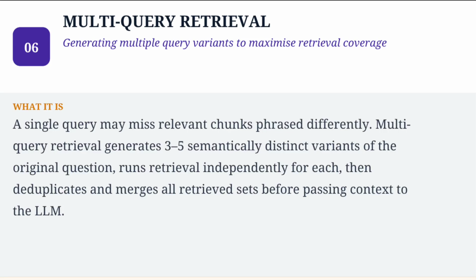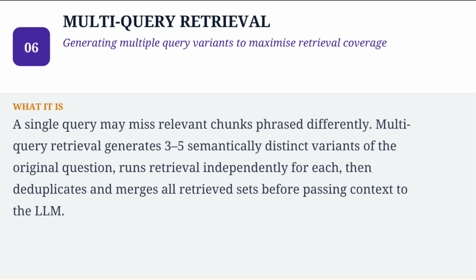The sixth technique is multi-query retrieval. This is the last technique and it is one of the most elegant. The problem is that a single query, no matter how well written, might miss relevant chunks that are phrased differently in your document. One angle of a question retrieves one set of chunks, but a complex question has multiple angles.